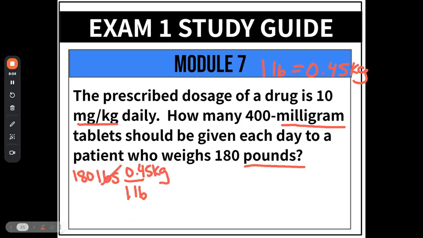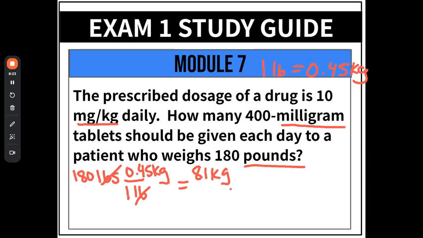Okay, and pounds cancel. And when we multiply, we get 180 times 0.45. So it's 81 kilograms. So this is how much the patient weighs in kilograms right here.